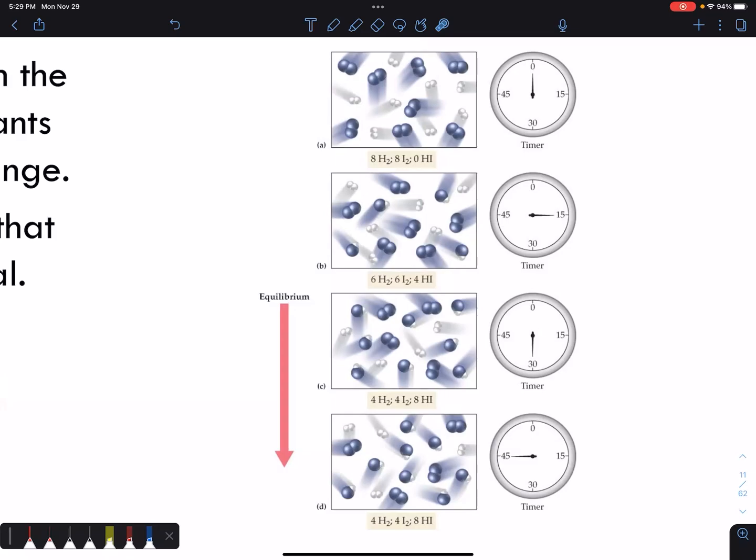If we let it go for another 15 minutes, then we've got 4 hydrogens, 4 iodines, and 8 hydrogen iodides. And then we know that we've reached equilibrium because if it goes for another 15 minutes, our amount of products and the amount of reactants hasn't changed, even though they're still reacting in the forward and reverse directions.